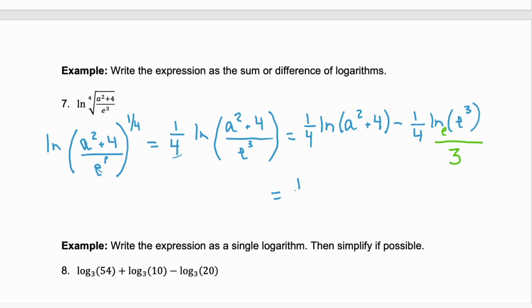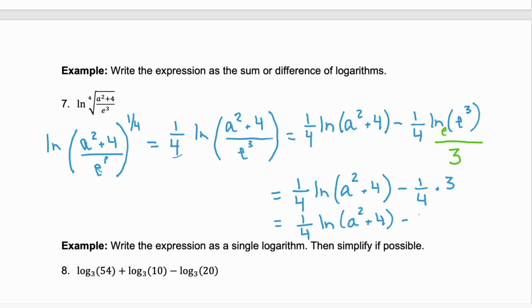So our first term stays the same, 1/4 natural log of a squared plus 4. But our second term is 1/4 times 3. So the whole thing is 1/4 natural log of a squared plus 4 minus 3/4.